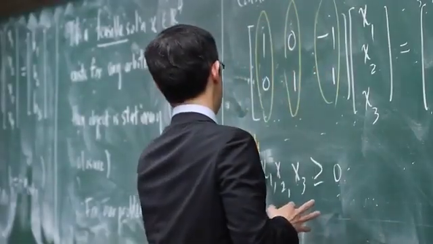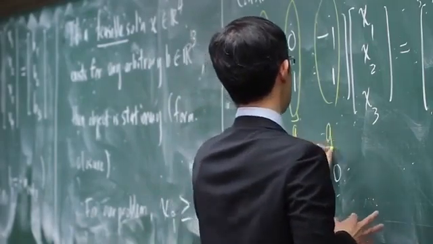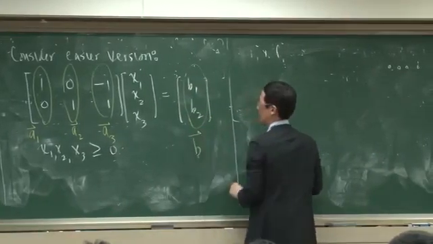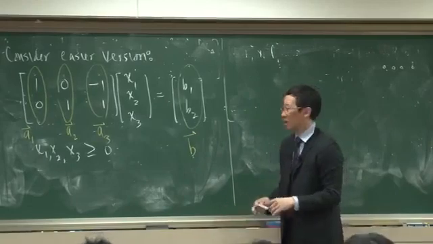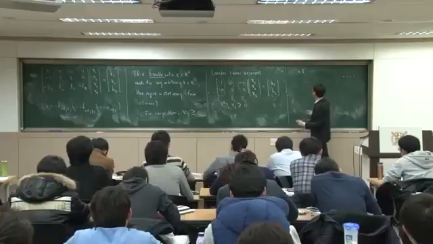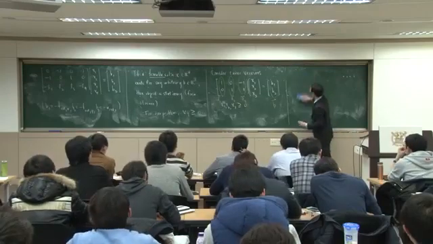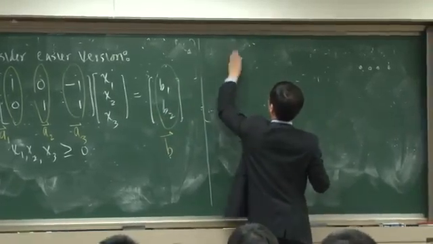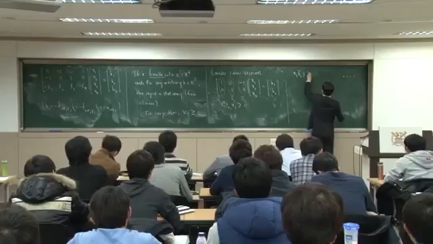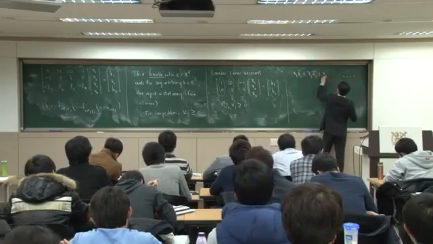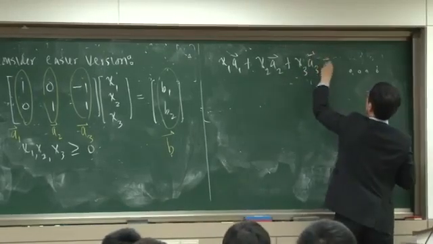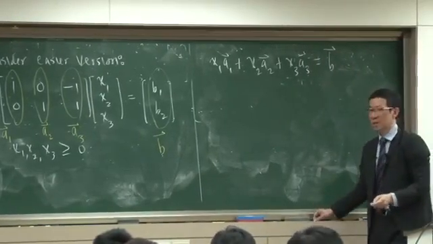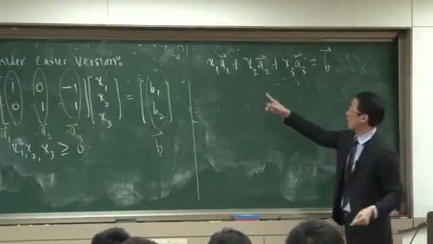Label them A1, A2, A3, and this will be my vector B. Another way to write Ax equals b here is to say that b is just the linear combination x1 times A1 plus x2 times A2 plus x3 times A3, which is equal to b. So we're just adding three vectors weighted by x1, x2, and x3.